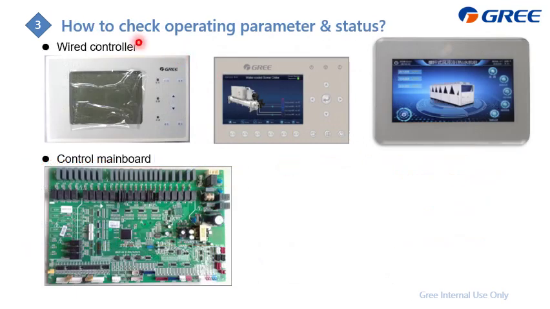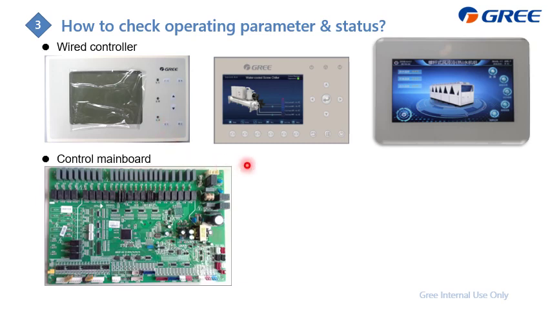And how can we check and operate the parameters and states? You can check the error code and the operating parameters from the Y controller. According to the different types of air-cooled screw chiller, we have different Y controllers, but the function is almost the same. It displays all the parameters and detected values directly to you.